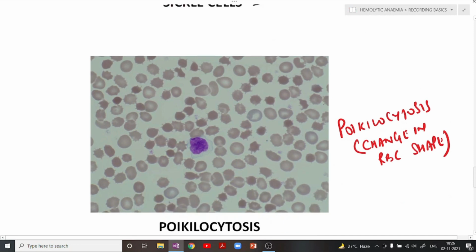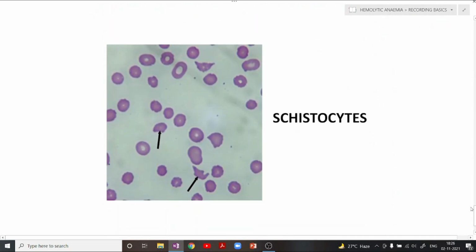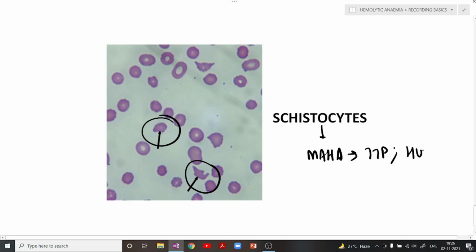Let me show you more. Yes, these are helmet cells. These are fragmented, broken RBCs. They are classically a feature of microangiopathic hemolytic anemia, namely thrombotic thrombocytopenic purpura, hemolytic uremic syndrome, and DIC.